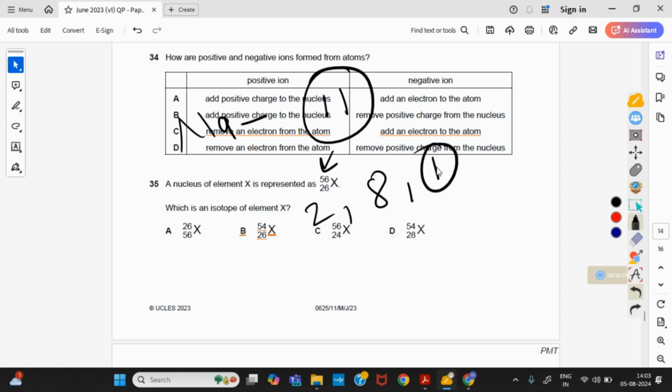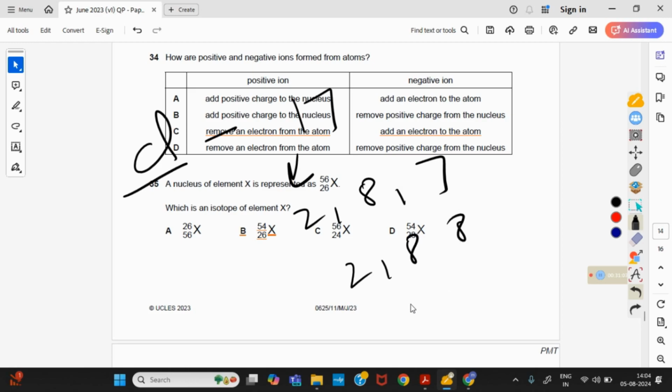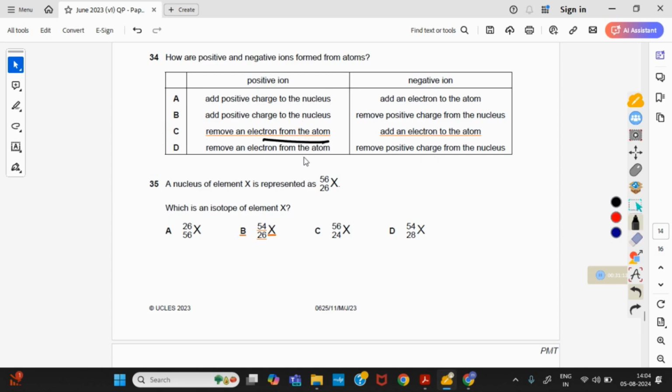If you remove one electron from the outermost orbit, it becomes Na plus, a positive ion. Take chlorine: the atomic number is 17 and the electronic configuration is 2, 8, 7. To make it stable, we add one more. Chlorine takes one electron from another atom, so it becomes 2, 8, 8, more stable, and then the chloride ion, Cl minus, is formed. So removing an electron from the atom gives a positive ion, and adding an electron to the atom gives a negative ion.